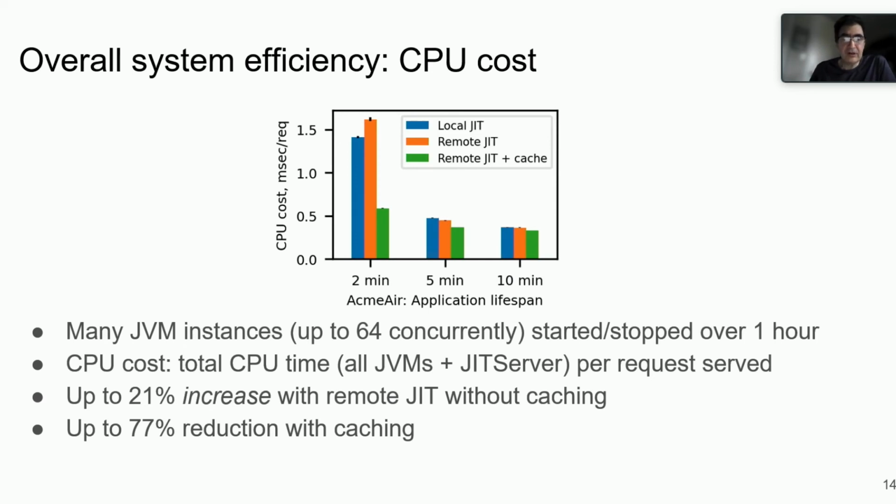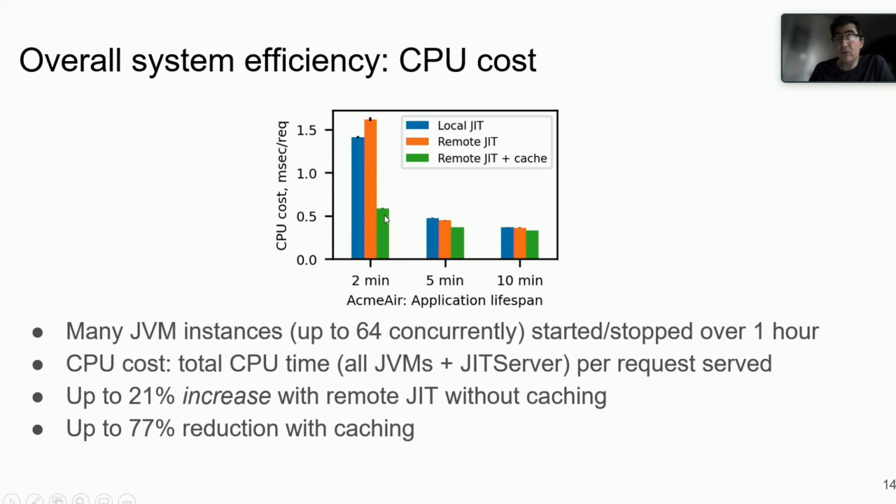We look at CPU cost, which is defined as the total CPU time, so the JVMs plus the CPU that is consumed by JITServer, and we divide that metric by the number of requests served. As you can see here in the first grouping of bars, remote JIT can increase CPU time for reasons that I explained in the introduction.